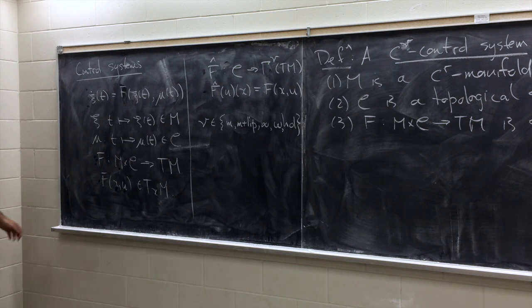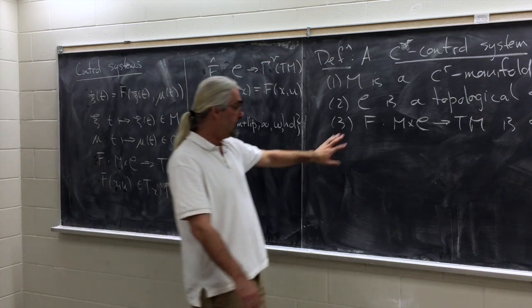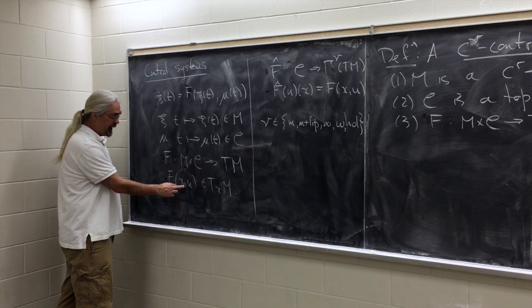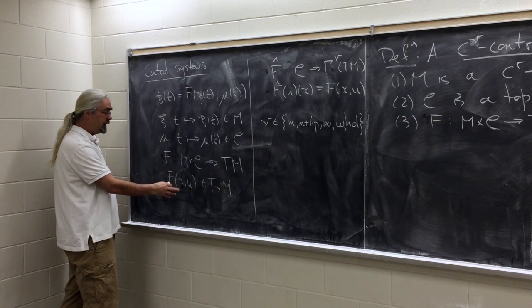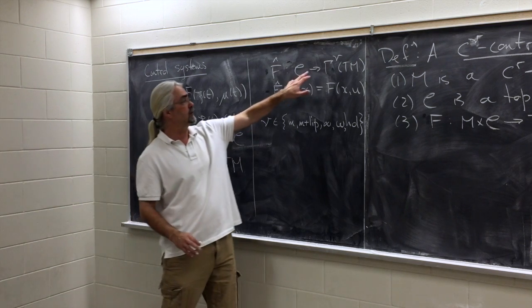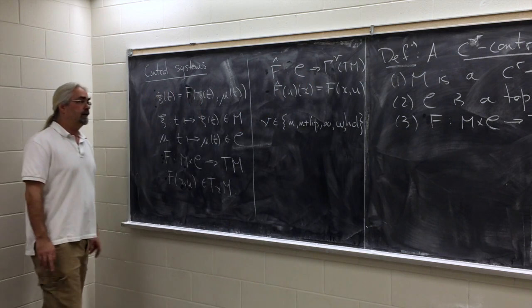Okay, so in the smooth case, condition 3 is equivalent to the following thing. Remember that for fixed u, as a function of x, for nu equals infinity, it's smooth. Okay, so we always have that condition. That just makes it so that this map f hat is well defined.